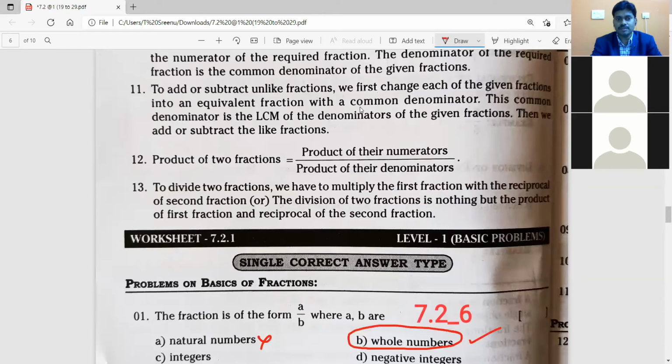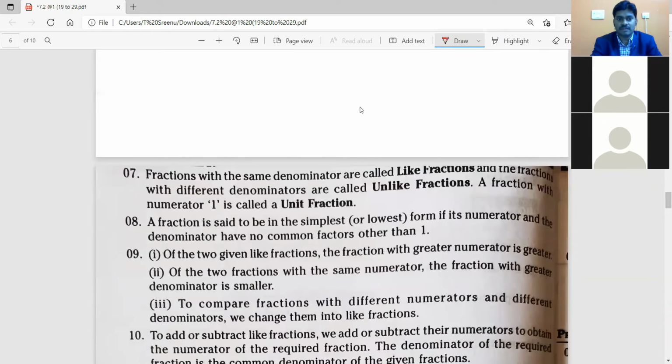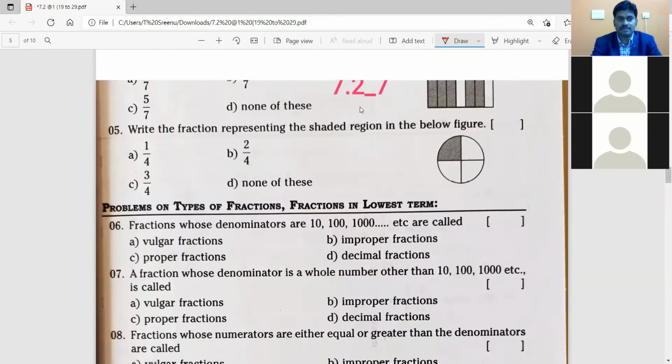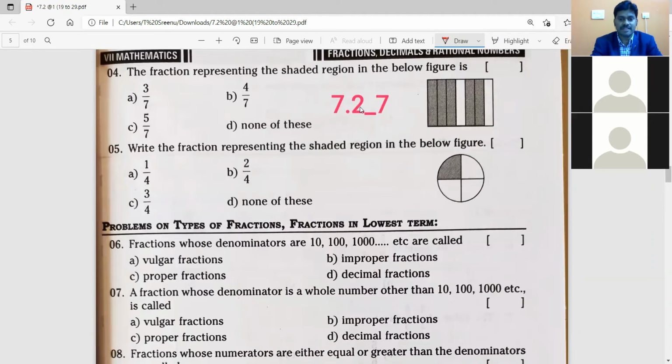Next, fourth onwards, I'm opening. Yeah, you can see 4, 5, 6, 7. First you answer 4, 5, 6, 7, no? Sir, 5/7.